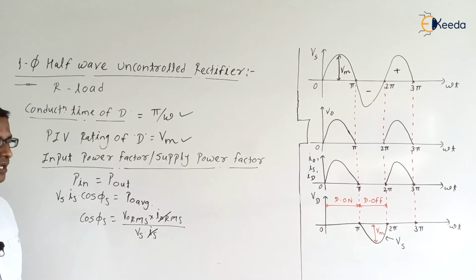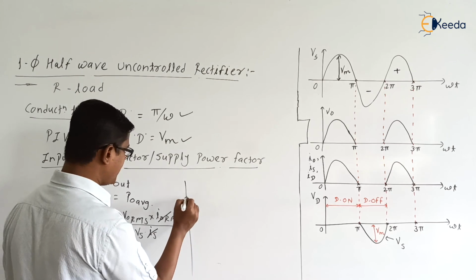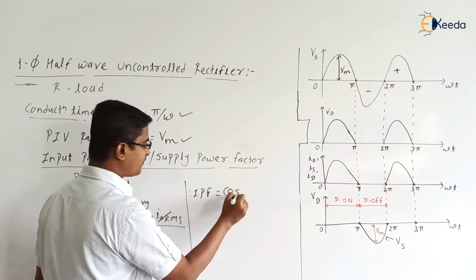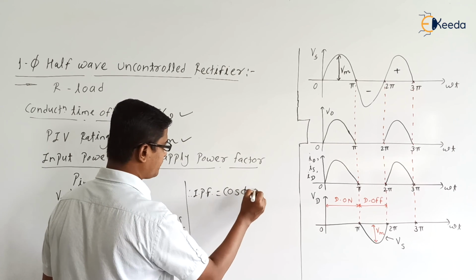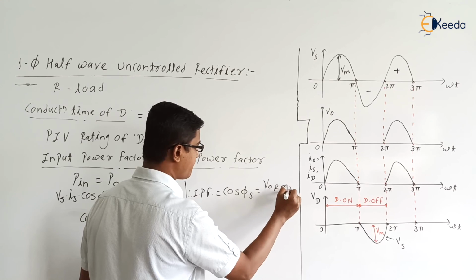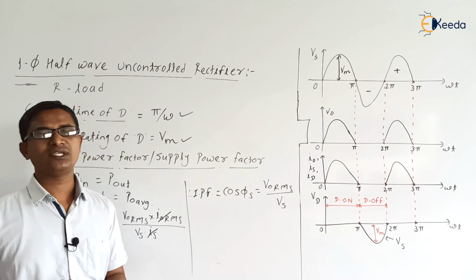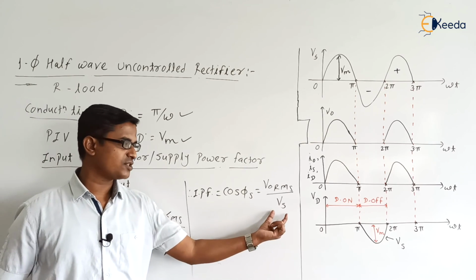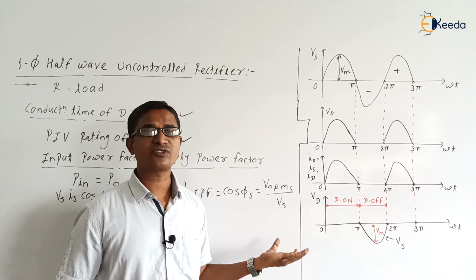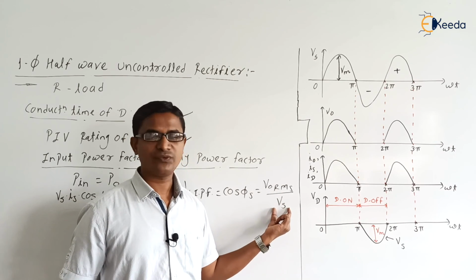Are you getting the point? So from this we can write cos phi s is equal to V0 RMS by Vs. Therefore the input power factor, IPF, is equal to cos phi s, which is equal to V0 RMS upon Vs. Further you can replace Vs with Vm by root 2, because for a sinusoidal input the RMS value is Vm by root 2.